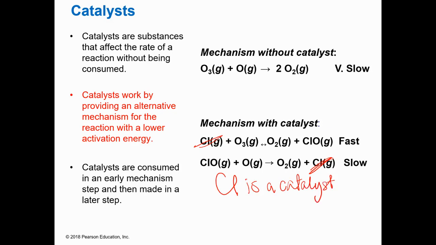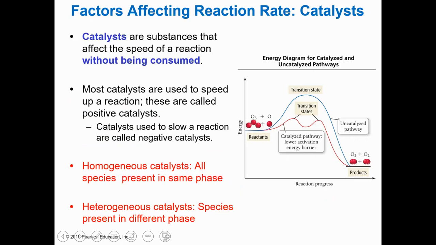What they're doing is providing an alternative mechanism for the reaction with a lower activation energy. So yes, normally they do speed up a reaction, but it's because they lower that activation energy. Also, they're not consumed, they're just helping it along.